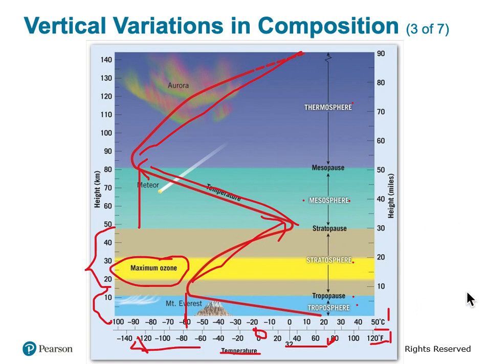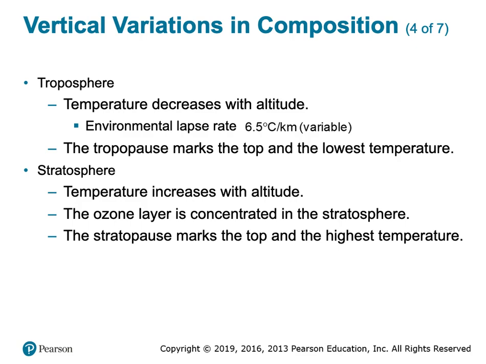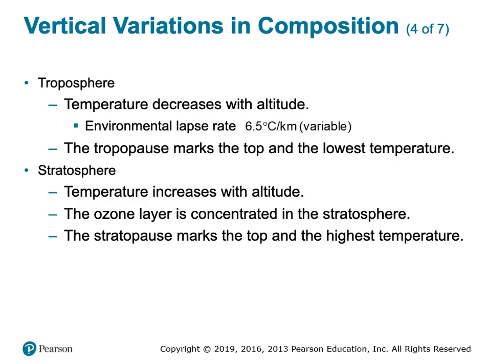So this is the temperature profile of our 4 atmospheric layers, and this is giving us a rough overview. The troposphere temperature decreases with altitude, and the tropopause marks the top and the lowest temperature for the troposphere, and the temperature increases with altitude in the stratosphere.